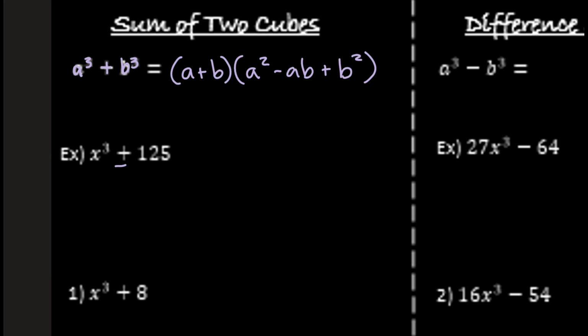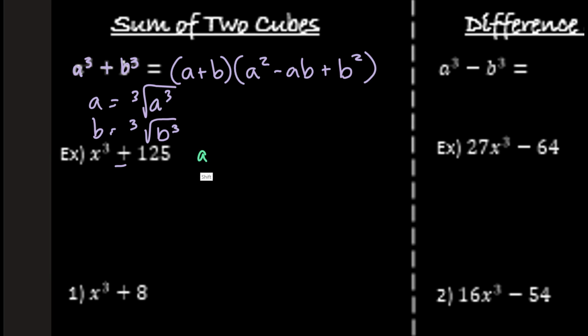It's called cube rooting, not square rooting. We're dealing with cubes. To get a, you have to cube root that first term, and to get b, you have to cube root the second term. So that's our first step. We have to cube root both.